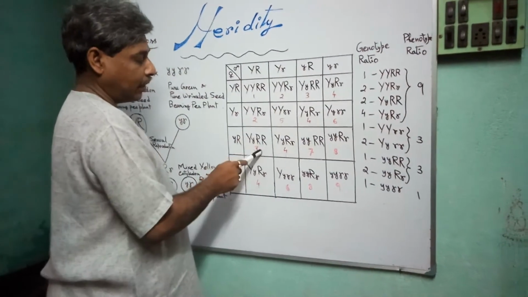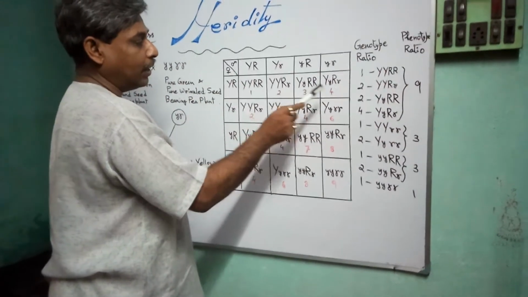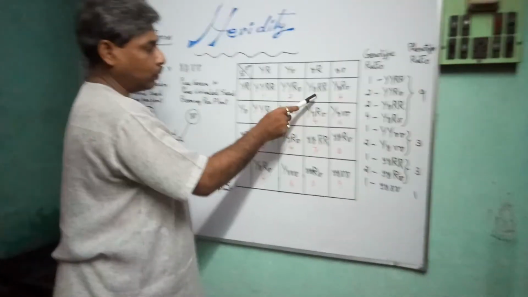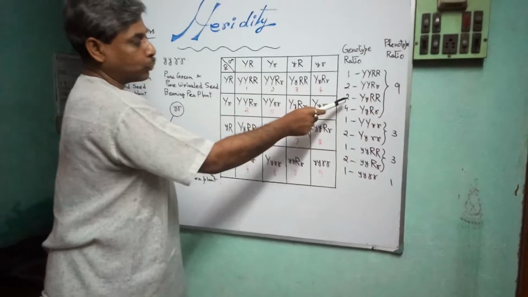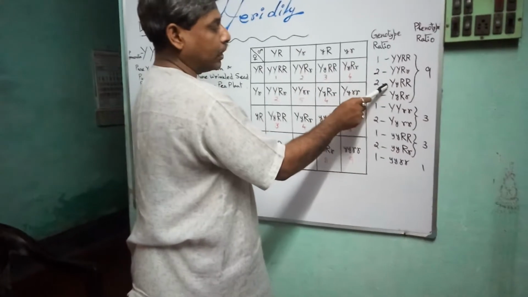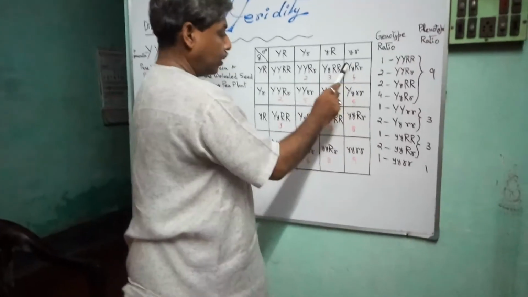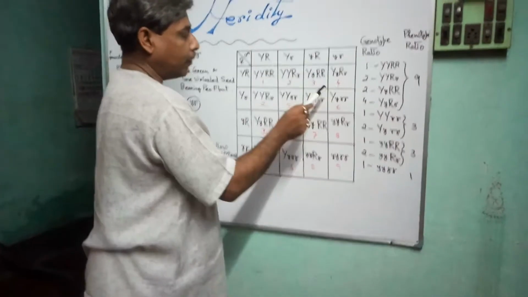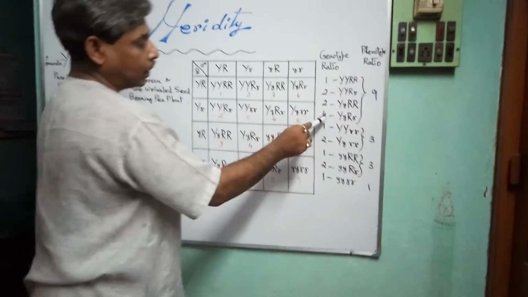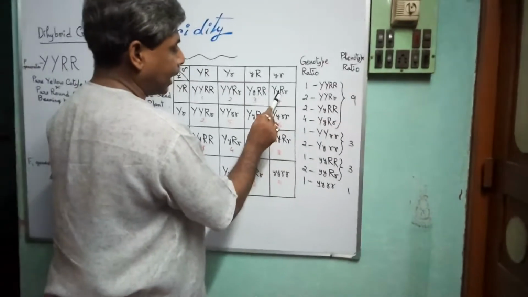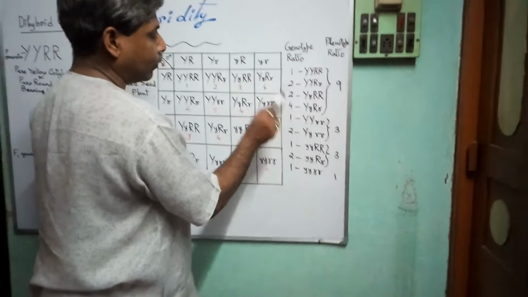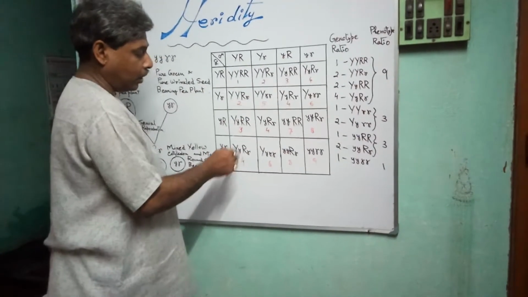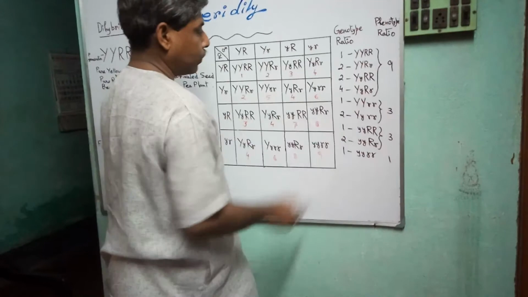The 3, we cannot write 3 by mistake. We have to count these 3. So these 3 are 2 in number, so we have to write down 2. The 4 along this diagonal is 4 if we count it. So the number will be 4. It is not that as we are writing 4, that's why it is written 4. We have to count the individuals along this diagonal. So that will be 4.